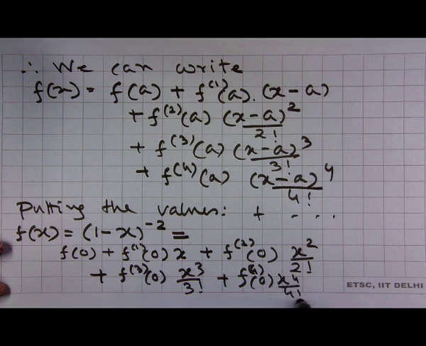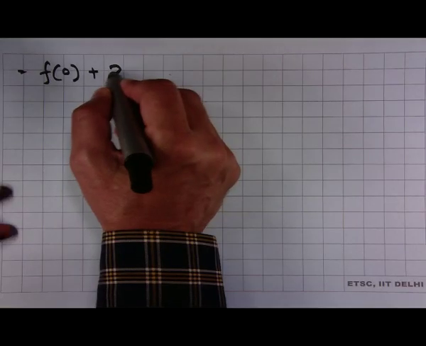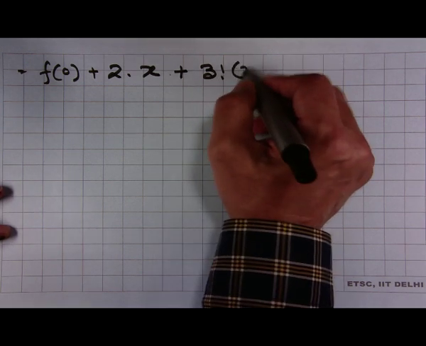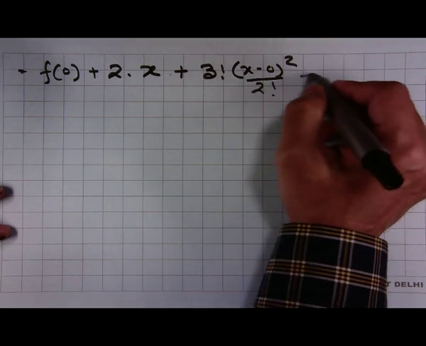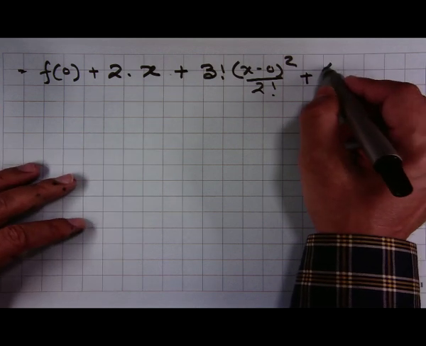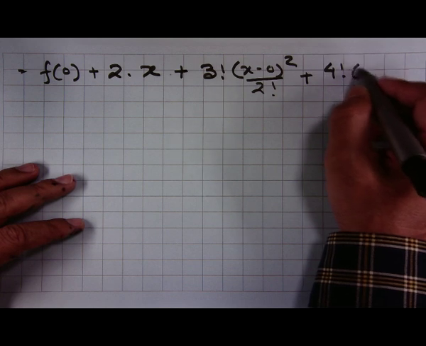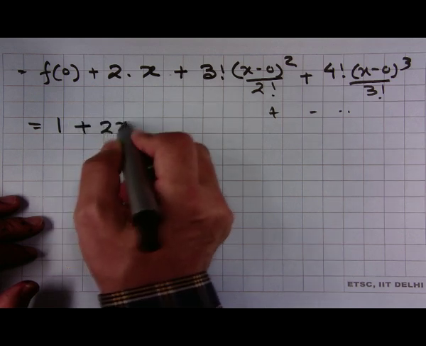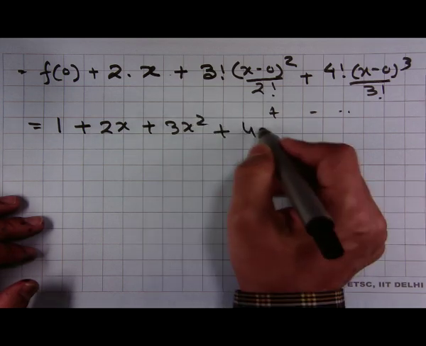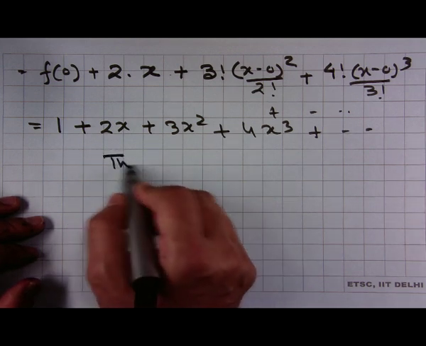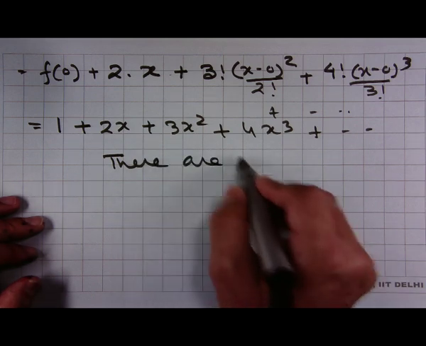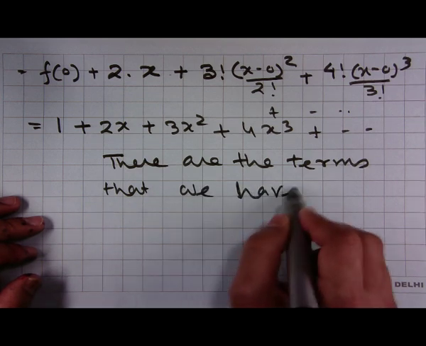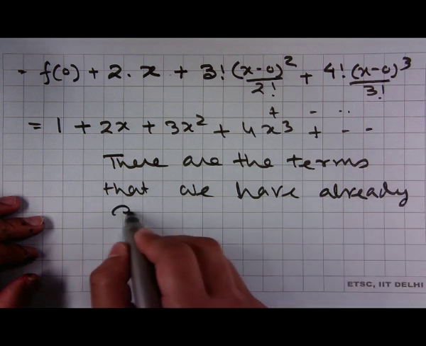into x to the 4 upon factorial 4, which is equal to f 0 is 1, plus 2 times x plus factorial 3 into (x minus 0) whole square upon factorial 2 plus factorial 4 into (x minus 0) whole cube upon factorial 3, etc. This is equal to 1 plus 2x plus 3x square plus 4x cube plus, and these are the terms that we have already seen, right.